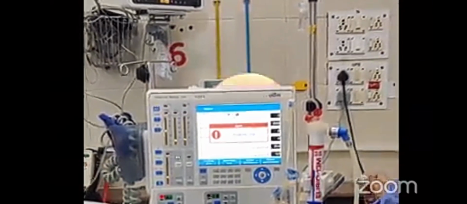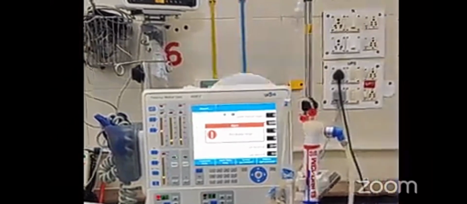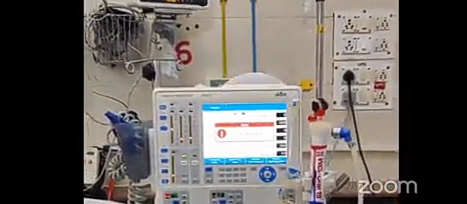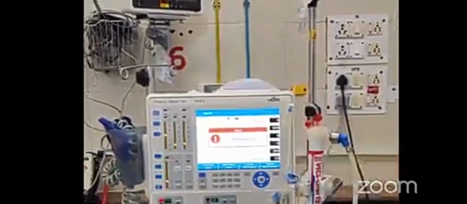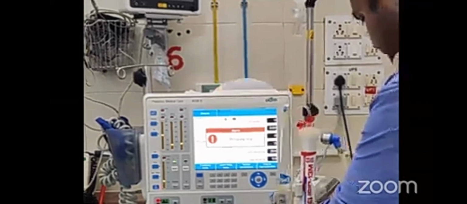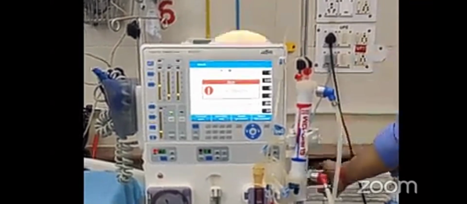And similarly, we will be connecting the tubing over here. And then we'll close the chamber.